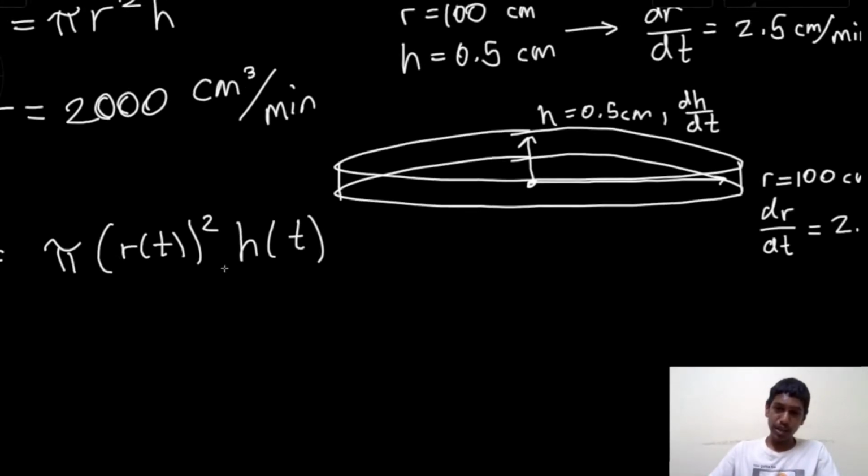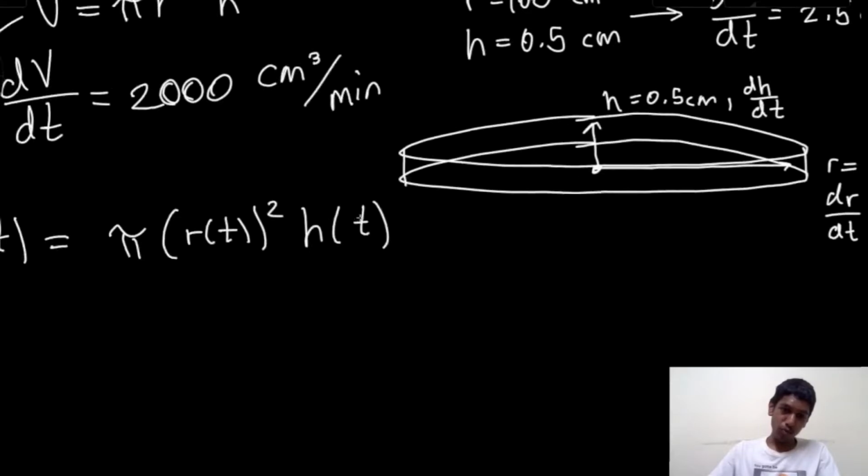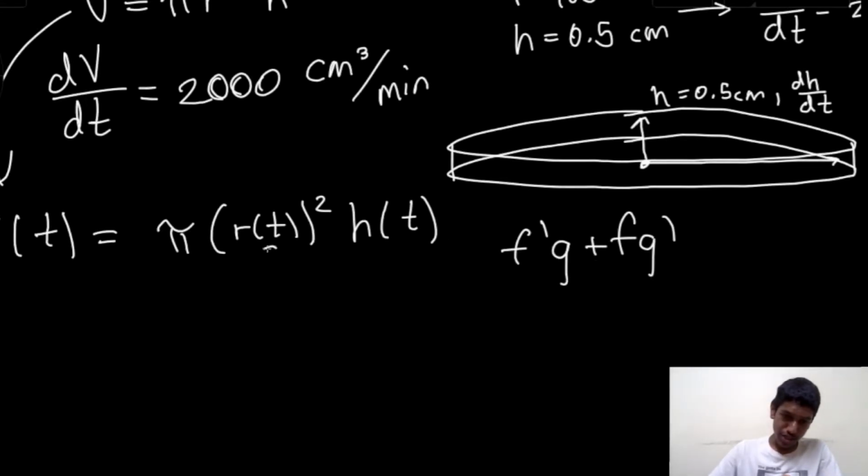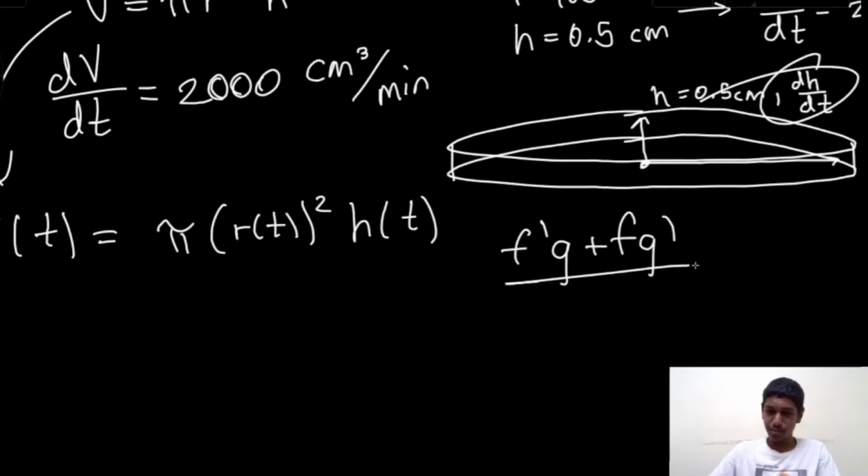So at this point we want dh dt. Well, I don't see that over here. The only way d comes out is when you start differentiating. I know if I differentiate this, I'm going to have a product rule to deal with because there are two functions of t multiplied by each other. Of course, I'm differentiating with respect to t, right? And so I'm going to get a dh dt in one of these terms.